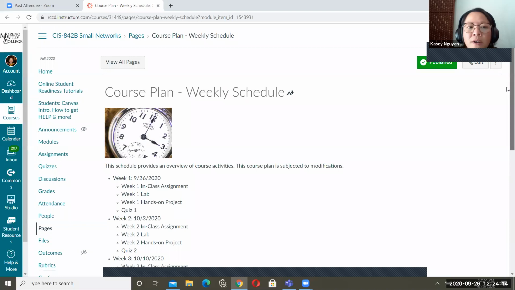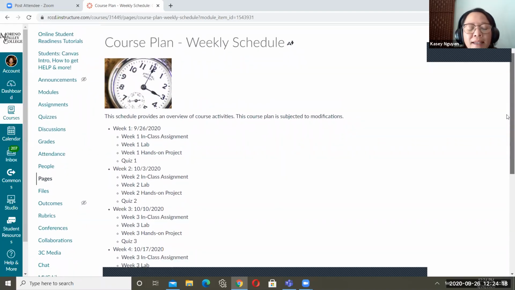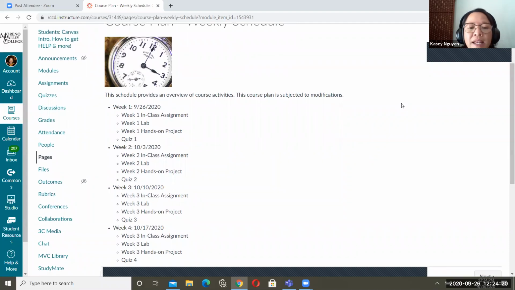Okay, so in that module, I have a course plan. This is mainly going to be the layout of our activities throughout the 4 weeks. So if you have questions about what to work on, you can look at this course plan, and I do modify this as it's needed.